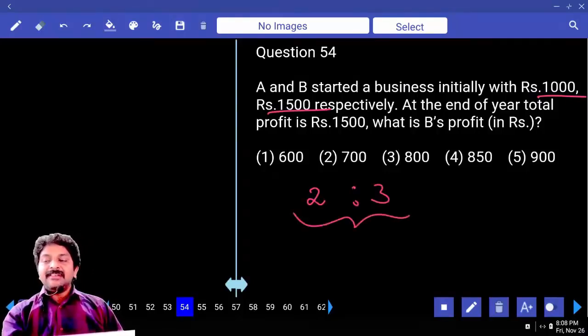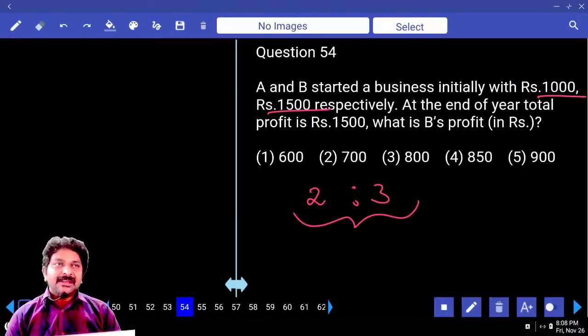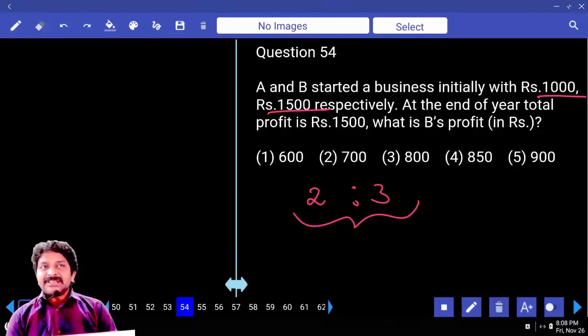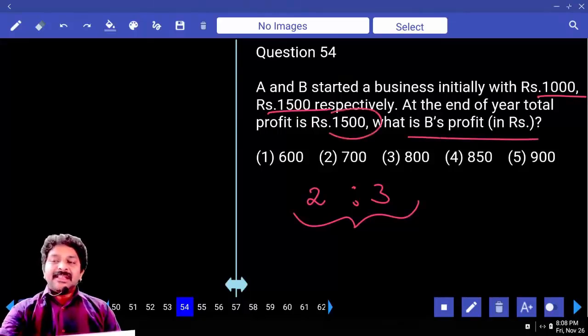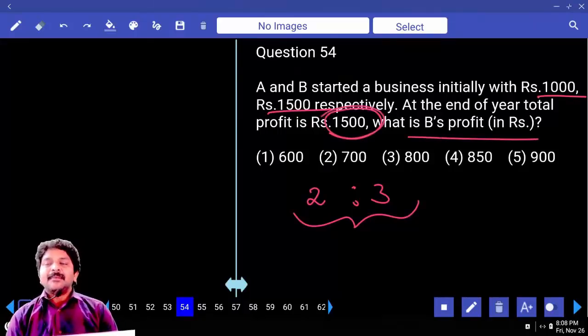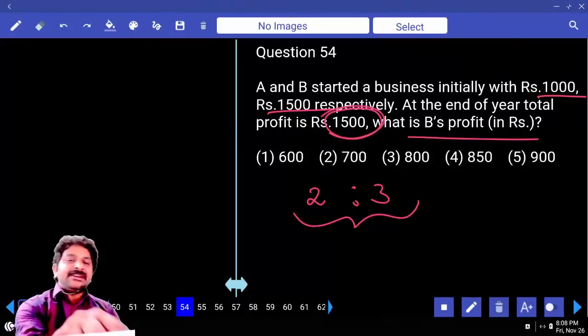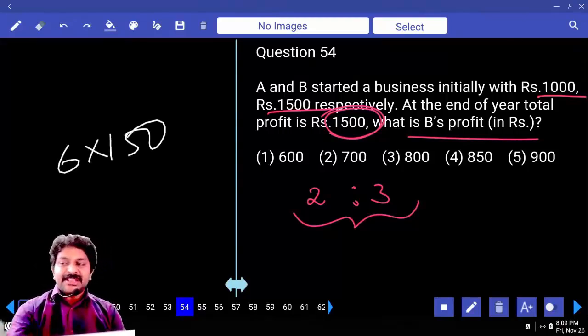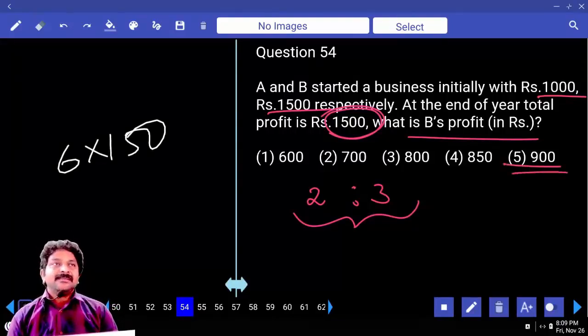So investments are in the ratio 2:3. There is no information regarding time period. So their profit sharing ratio also must be 2:3. Can I treat it as 40%, 60%? We were asked to calculate B's profit, that is 60% of this number. 60%, 6 into 10%, 6 150s, 900.